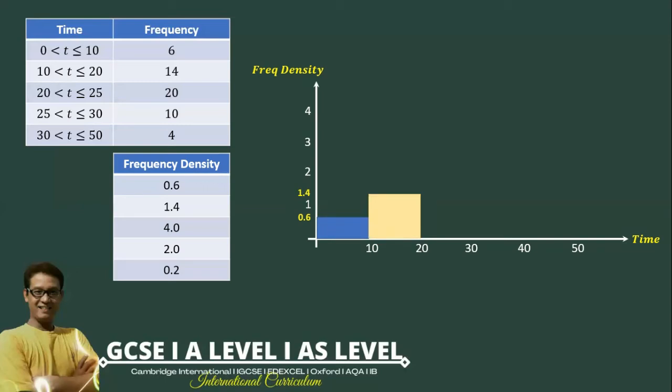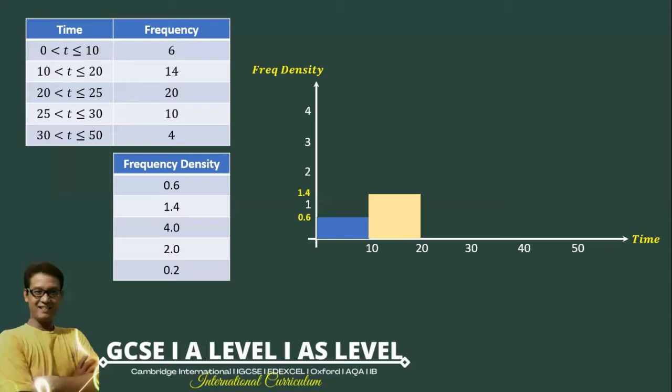Next, for the third row, the frequency density is 4.0 and the class width is 10, means from 20 to 25. Focus for this bar, because the interval of time is from 20 to 25.